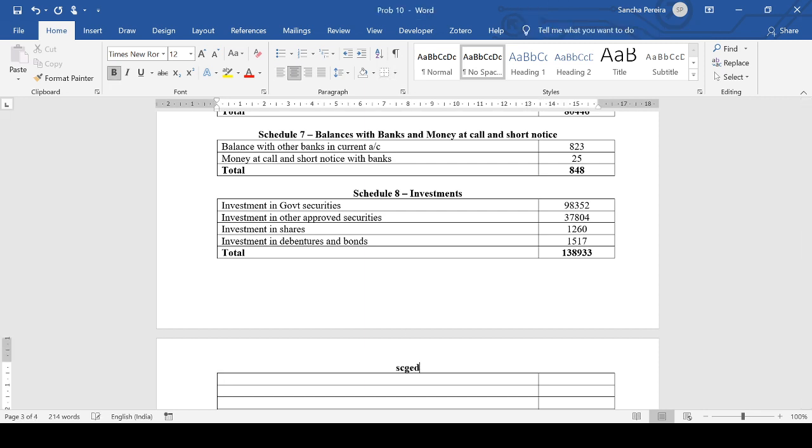Next, Schedule 9. Advances. Now here we have to show a lot of information, not so much calculation, more of information. So we'll show the first part as usual.